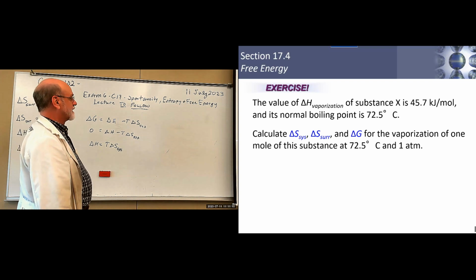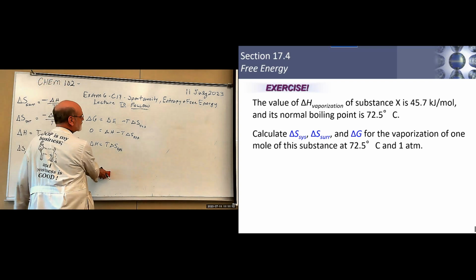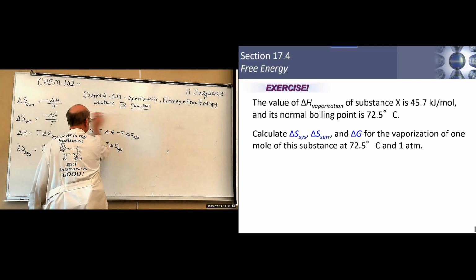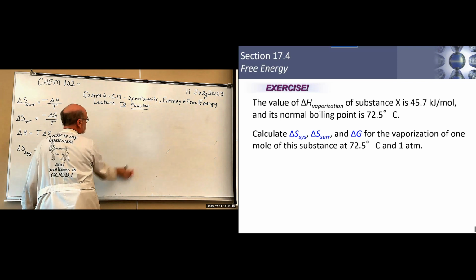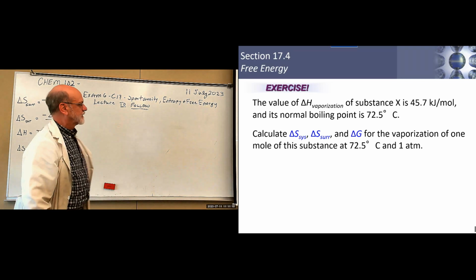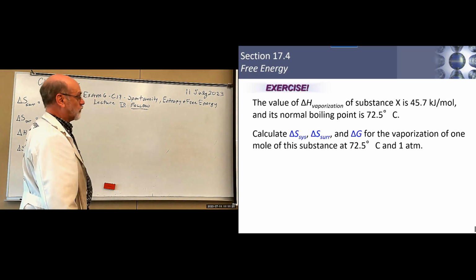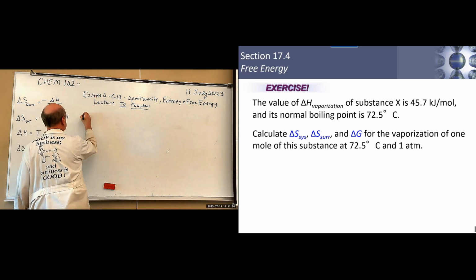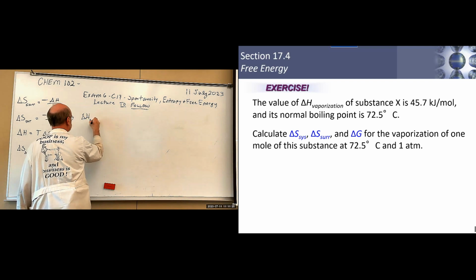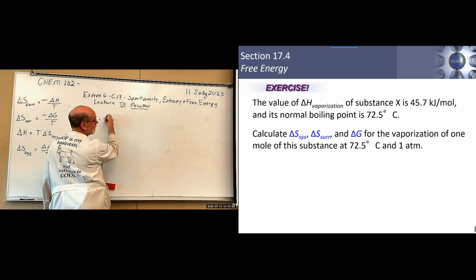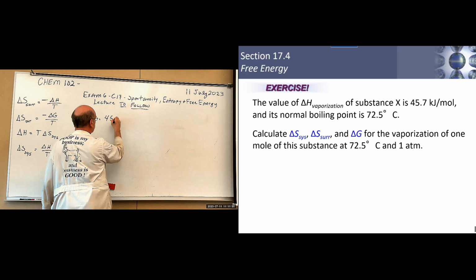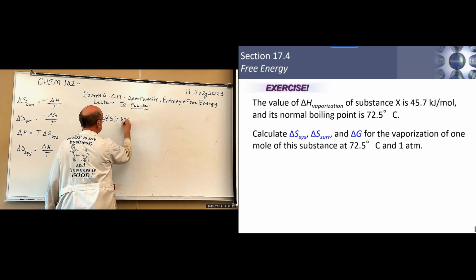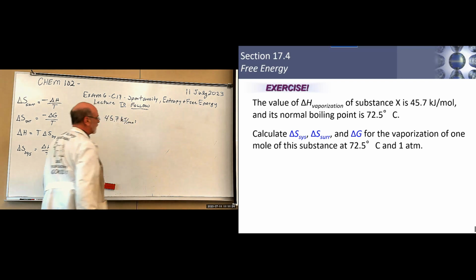Okay, let's say the value of enthalpy of vaporization of a substance X is 45.7 kilojoules per mole. Let's just write that up there. Delta H vaporization equals 45.7 kilojoules per mole.